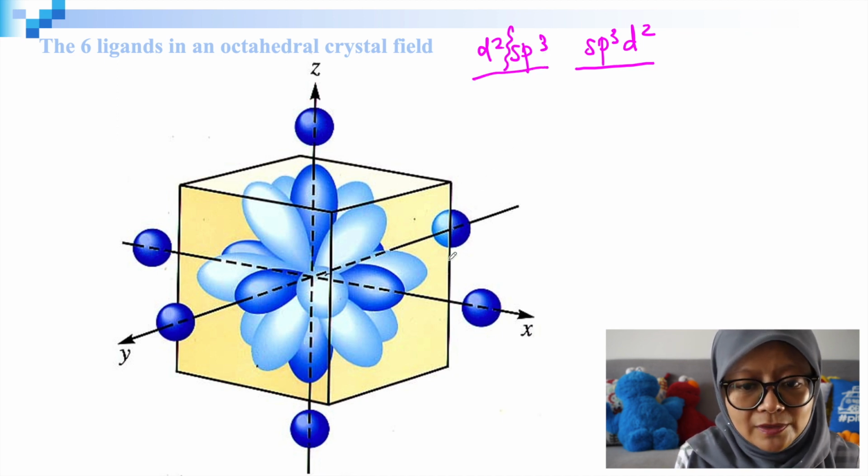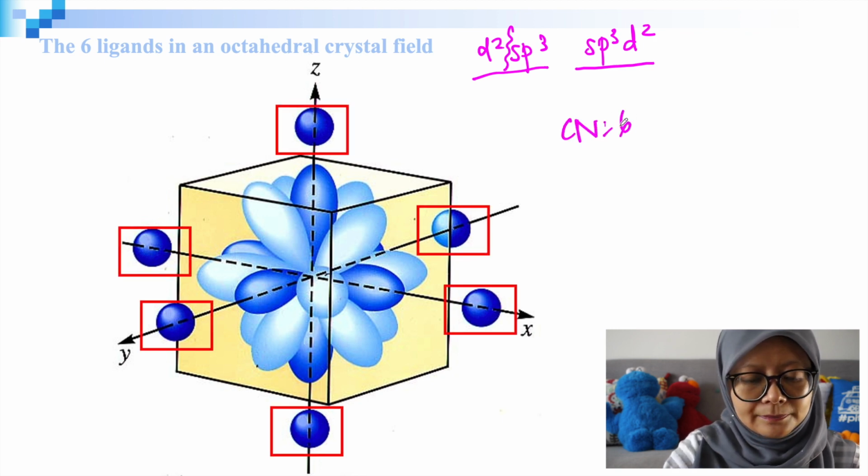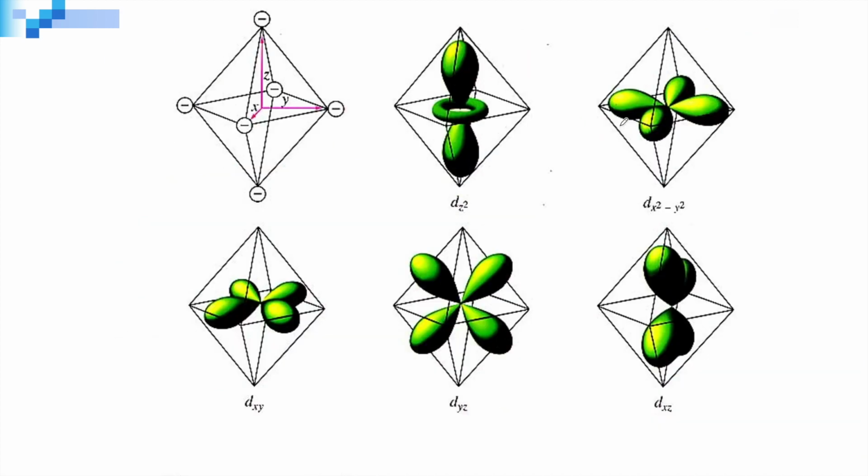And then we have 6 here, where the coordination number is 6 here, right? Then other than that, these are the 5 orbitals of the 3d, because usually, okay, for d we have 5 here.